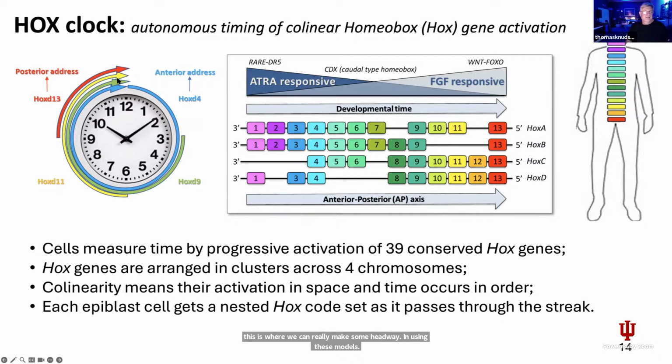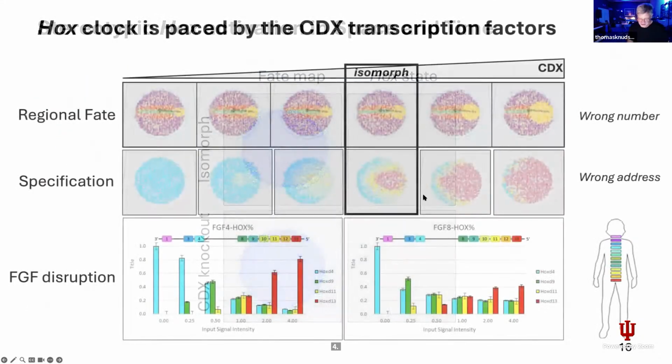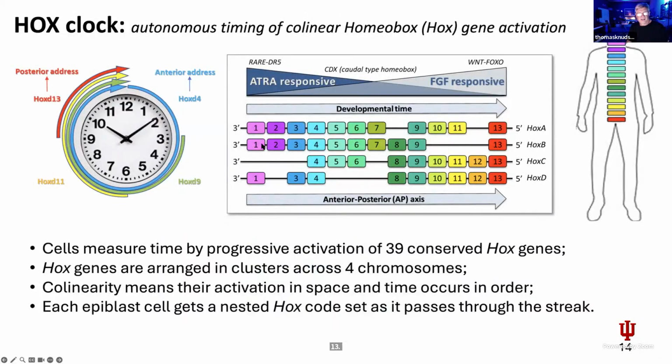So you think of it as a clock. So here's 4 homeobox genes, HOX D4, D9, D11, D13. And you think of it as a clock. So again, the order is a developmental time measure. If you look clockwise, HOX D4 will be first expressed out of those 4, and it will generally stay expressed throughout because one homeobox gene will have an influence on the next.